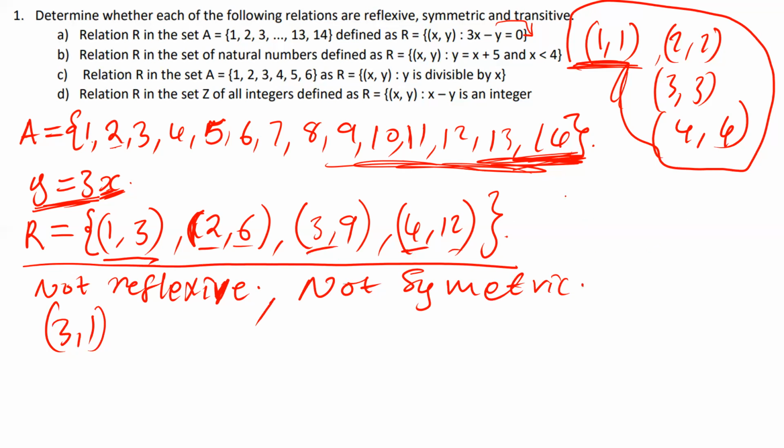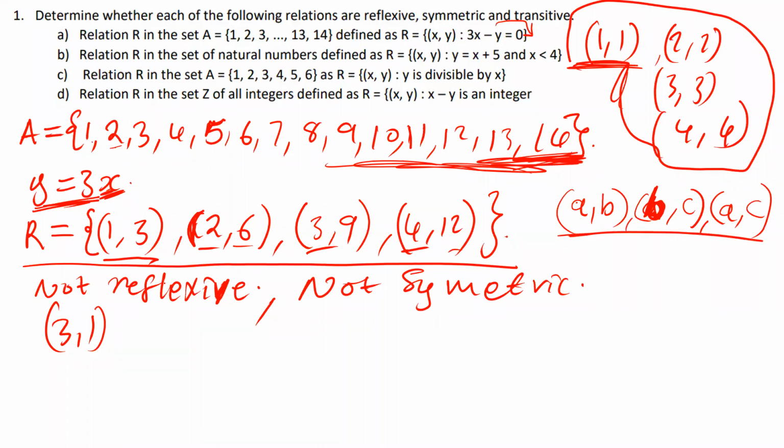For transitive, if you have any input A whose output is B, then the input B should also exist, giving out the output C. After that, the input A should also be able to give out the output C. If you have anything like this existing in the solution set, then you conclude the relation is transitive.